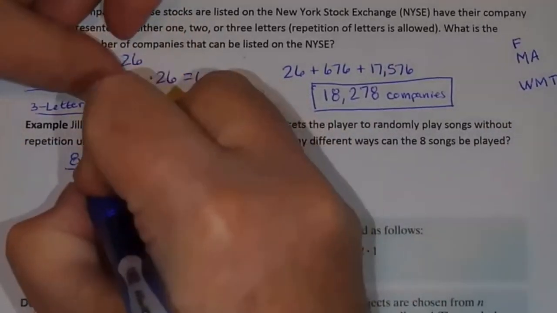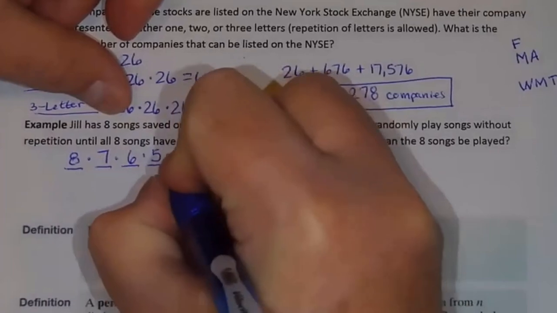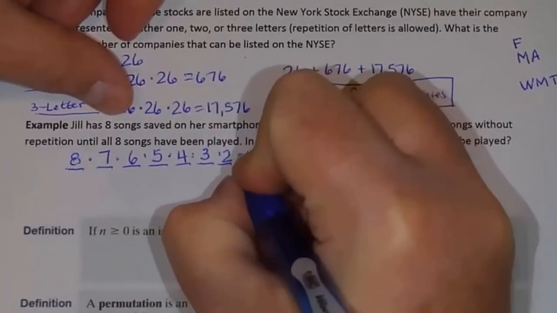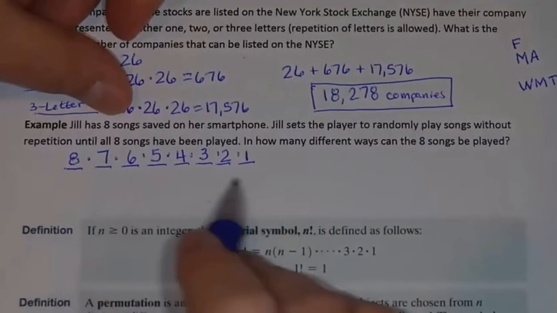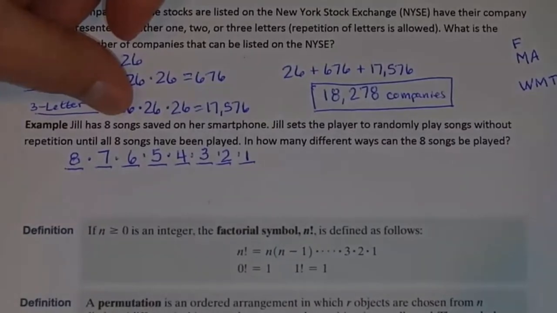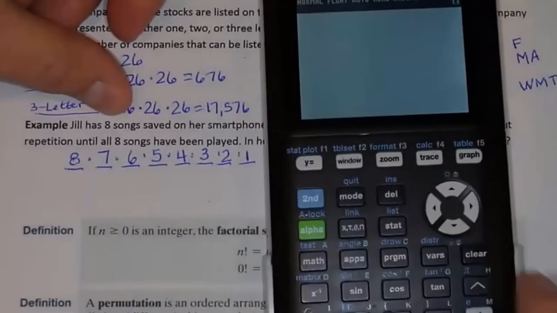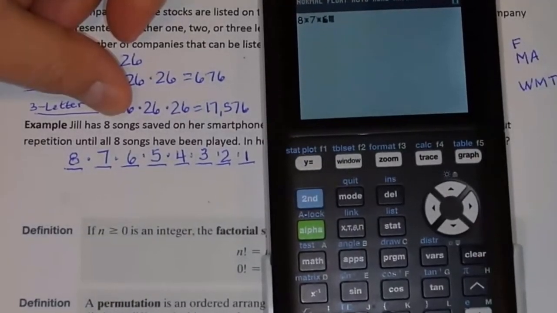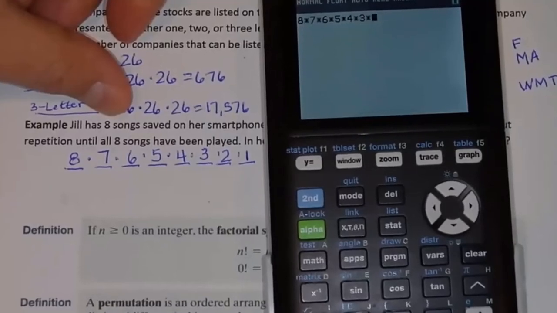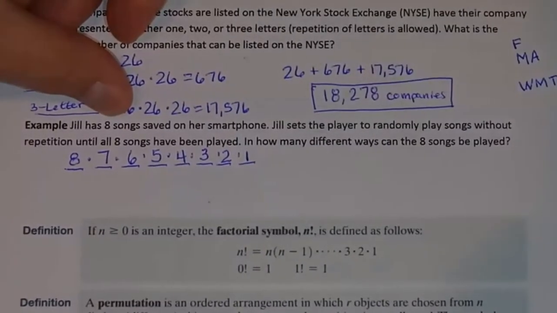So if I take 8 times 7 times 6 times 5 times 4 times 3 times 2 times 1, that's going to tell me how many different ways that these 8 songs could possibly be played on the smartphone. Well, 8 times 7 times 6 times 5 times 4 times 3 times 2 times 1, that is 40,320.